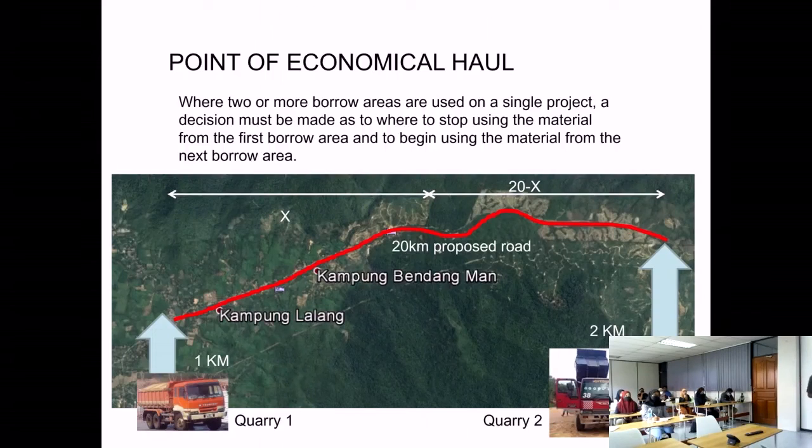Which is X. So I want to use quarry 1 to build X distance of the highway. X daripada 20. Berapa kilometer daripada 20 kilometer, I nak ambil daripada sini. Dan berapa kilometer daripada 20, nak ambil daripada quarry 2. So that is the economical analysis that we are trying to do here. So, but we need some data.